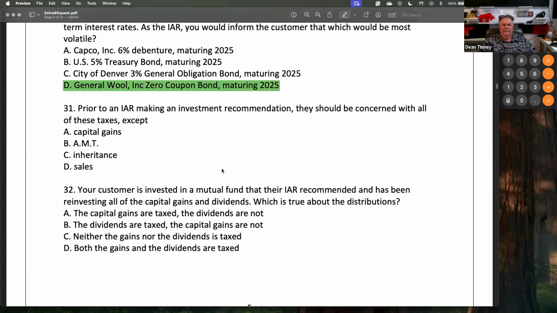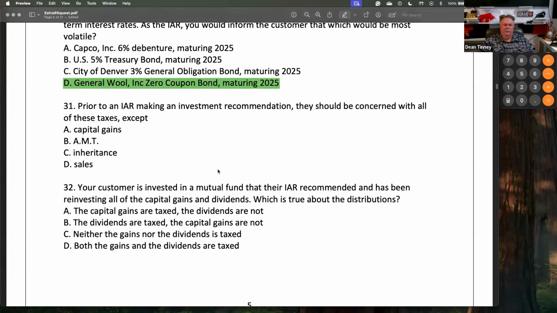Prior to an IAR making an investment recommendation, they should be concerned with all of these taxes, except. I like this one. It's kind of fun.